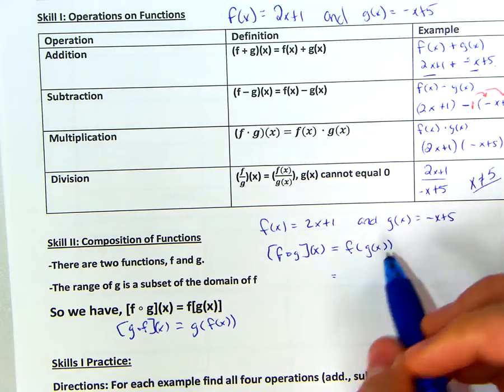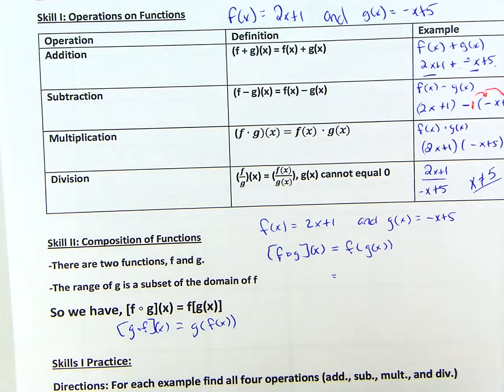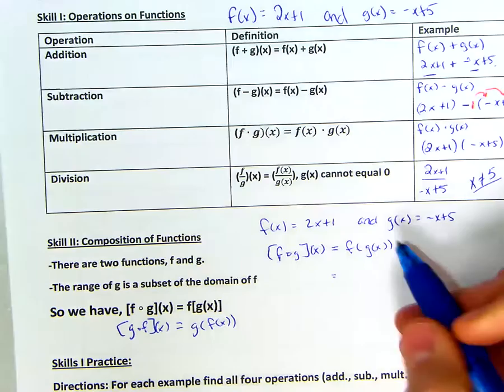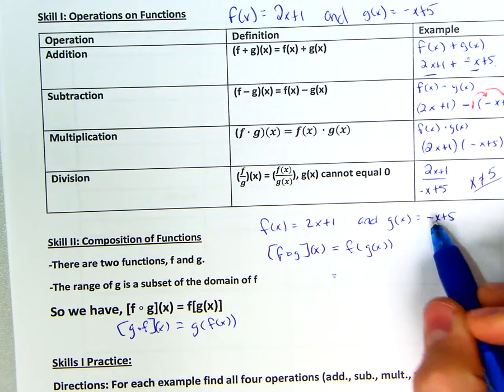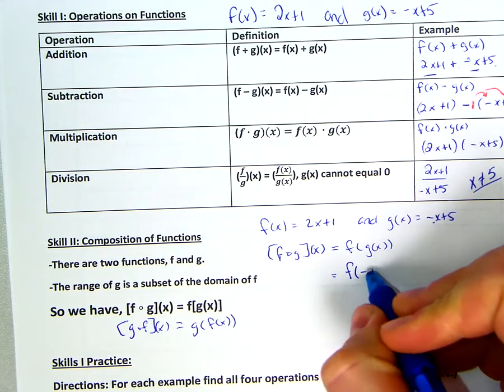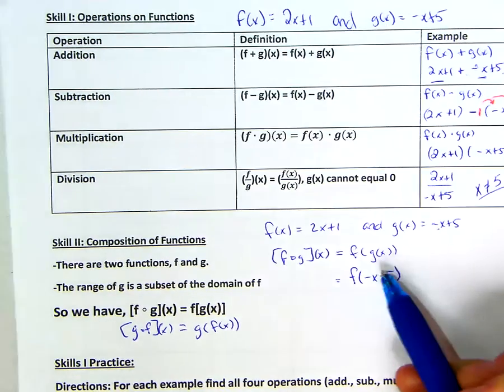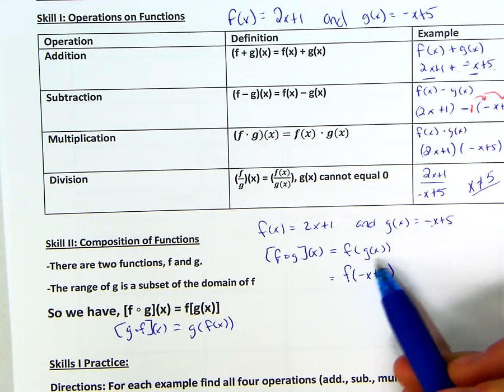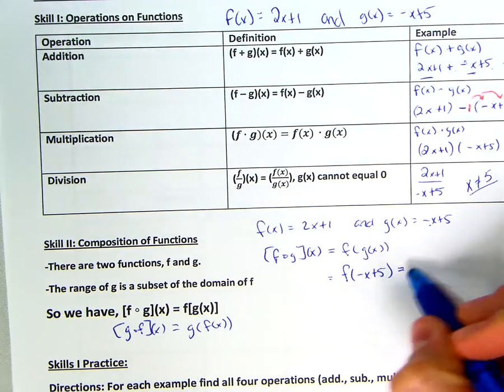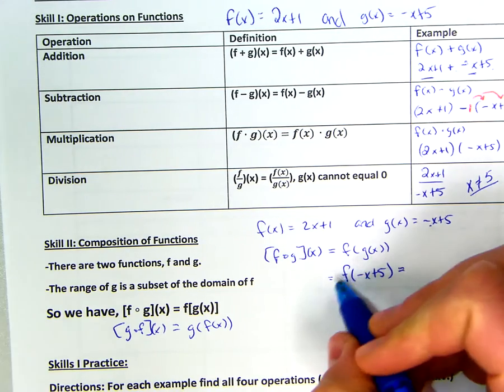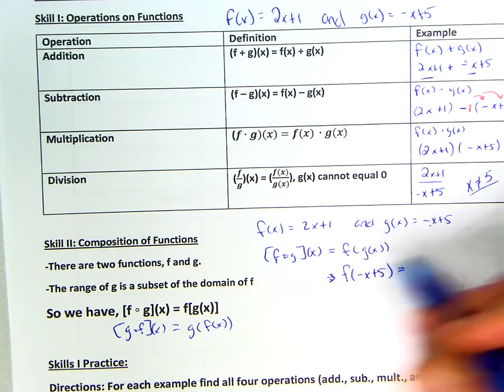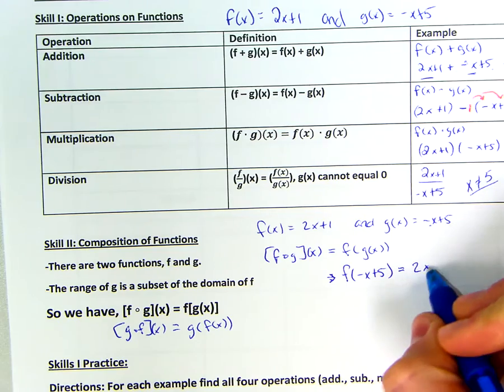So now f of g of x, what's our strategy here? What's our plan? g of x I know is negative x plus 5. So I'm going to plug that in for x. So I know that the one inside is the one I'm going to use. The other one then goes after the equal sign. I'm going to make that into 2x plus 1.